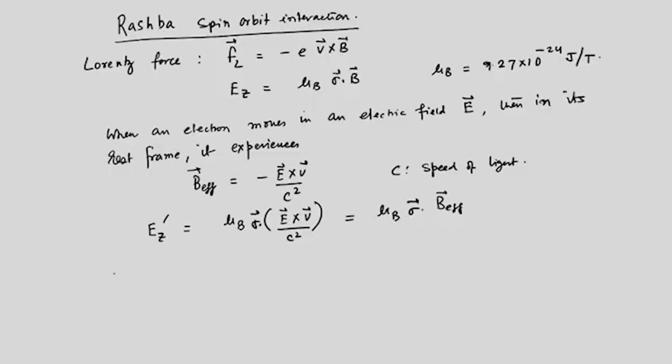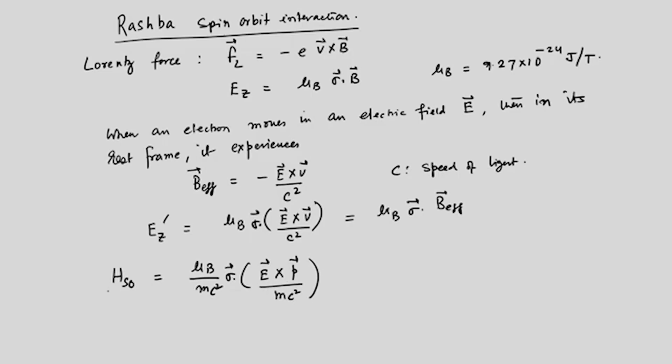If we write it in terms of operators, with v as p divided by m, the spin-orbit term is written as mu_B over m c squared, E cross p, dot sigma.